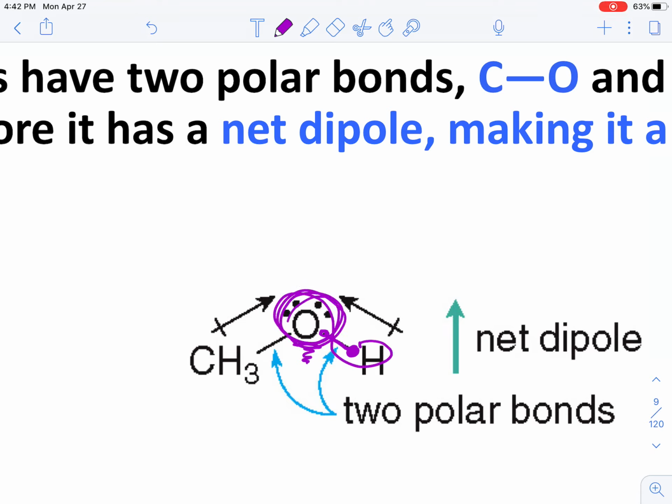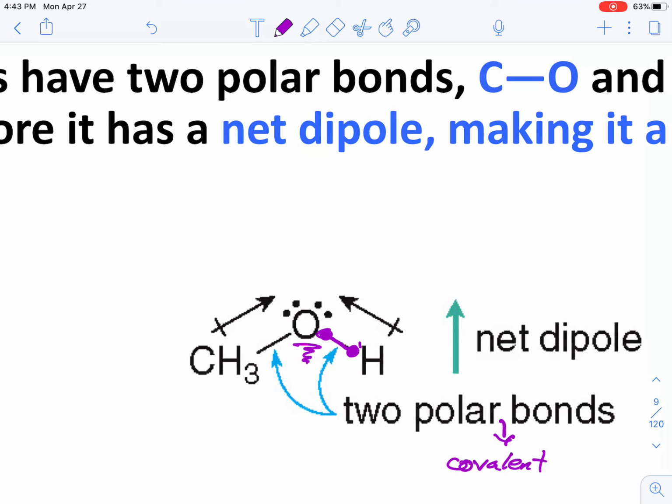There's an unequal sharing of these two electrons that creates that covalent bond, such that hydrogen's electrons are more attracted towards oxygen. And so what that does is create polarity in the bond, creating a polar covalent bond. So this is going to be a polar covalent bond.